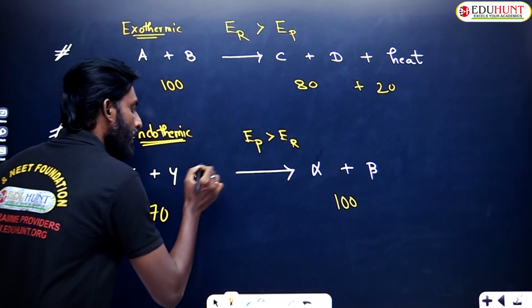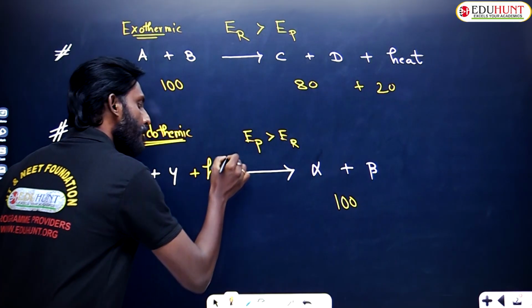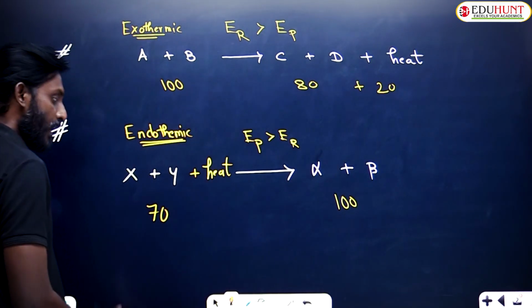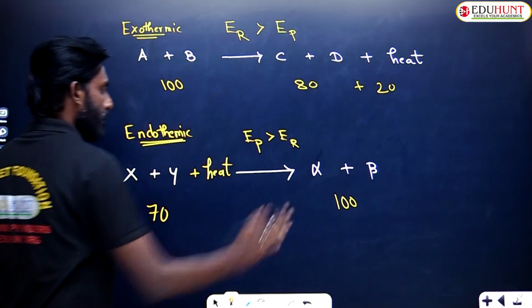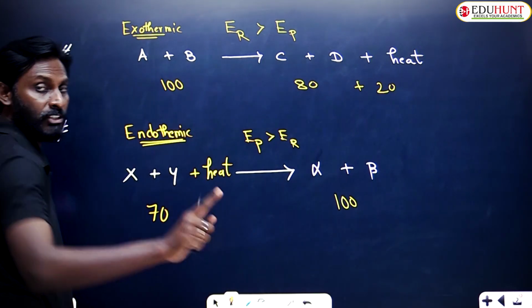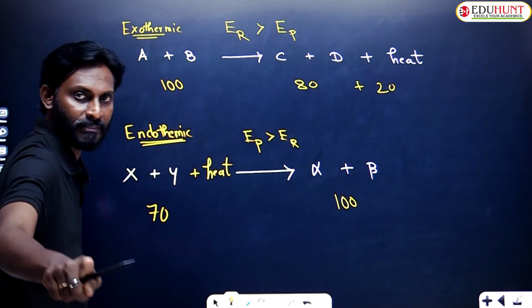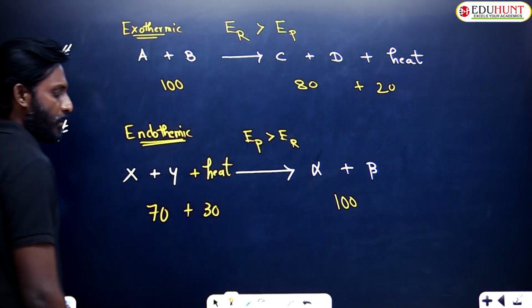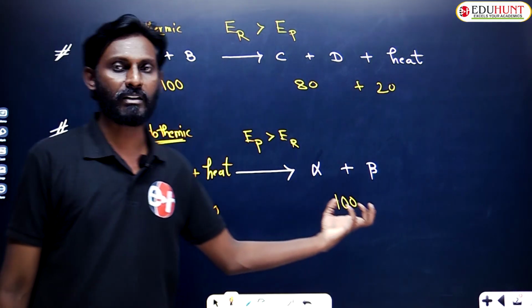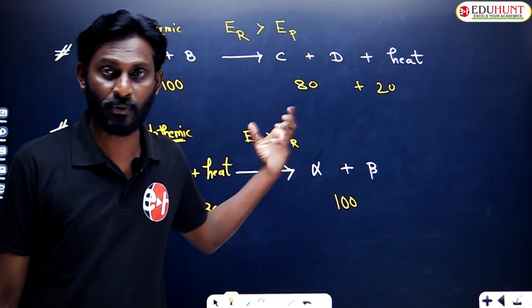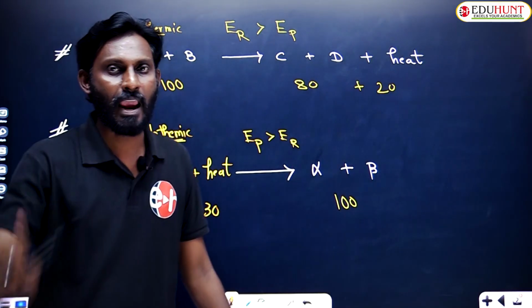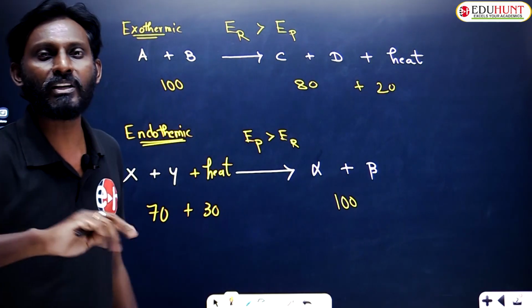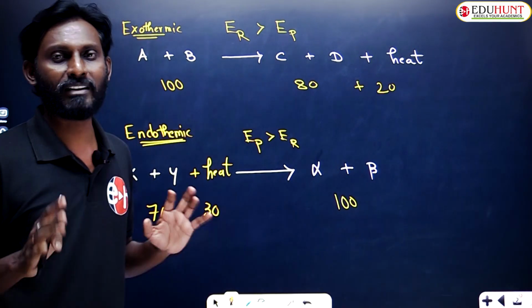Now I am supplying some heat to it so that the reaction will happen. How much heat, sir? Energy can neither be created nor destroyed. 70 plus 30 units of heat we supplied, together we got the products with 100 units of energy. And again, energy can neither be created nor destroyed.